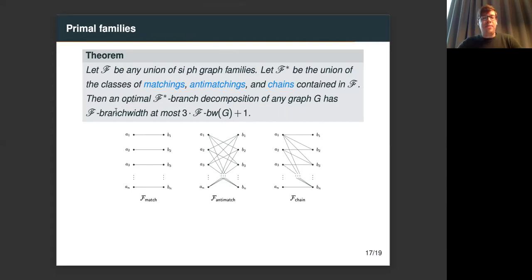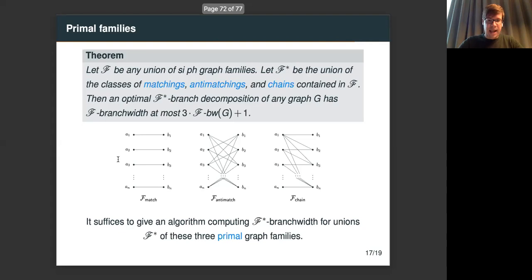If you can give an algorithm that computes the F branch width for any combination of these 3 graph families, then you can approximate any possible F branch width. So you can always restrict yourself to these primal graph families.